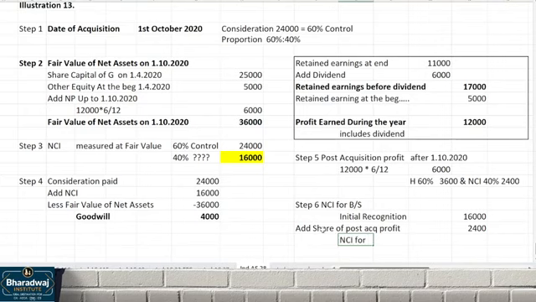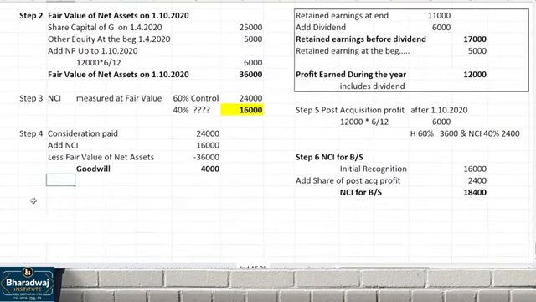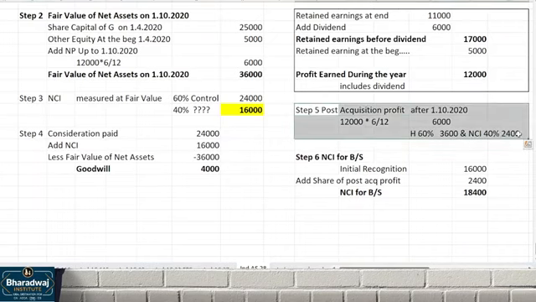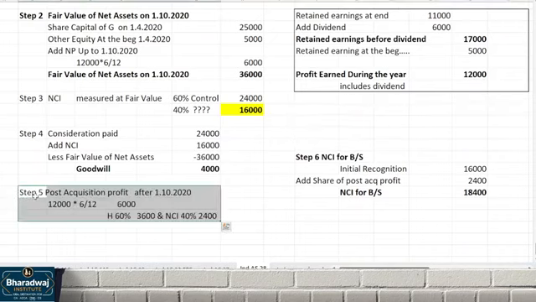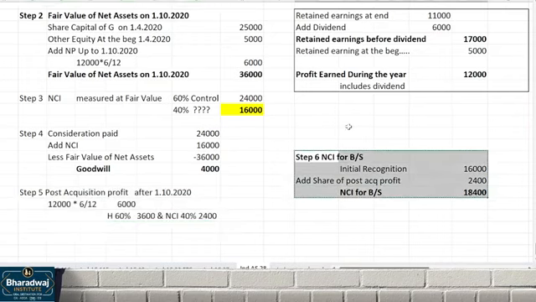This will be the NCI for balance sheet. Wait, some adjustments should be made for dividend. I'll make that adjustment in the balance sheet, not here. Next, what is the next step? Reserves and surplus for balance sheet.